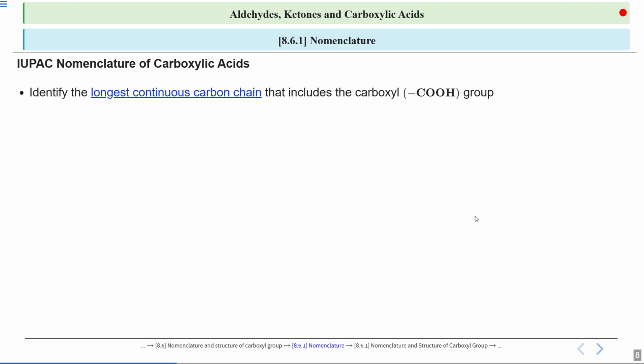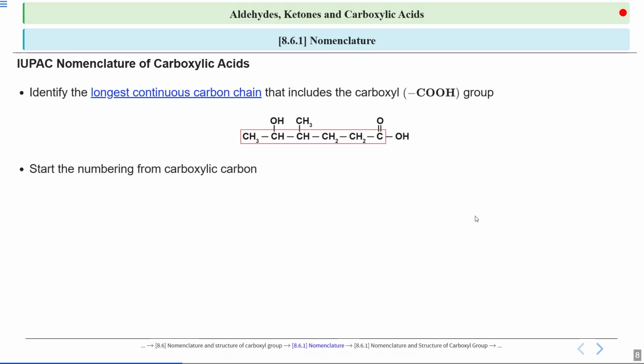If you look at this image, the carbon chain marked in the red box is the longest carbon chain, and that chain contains the carboxyl group, which is C double bond OOH.